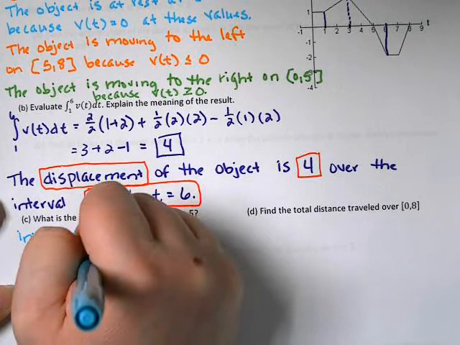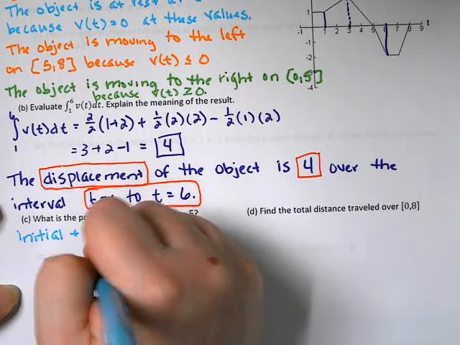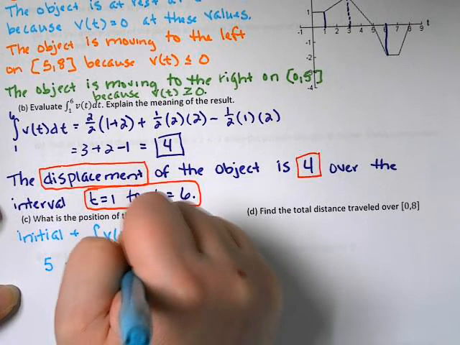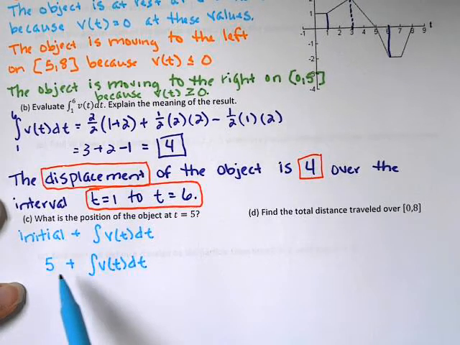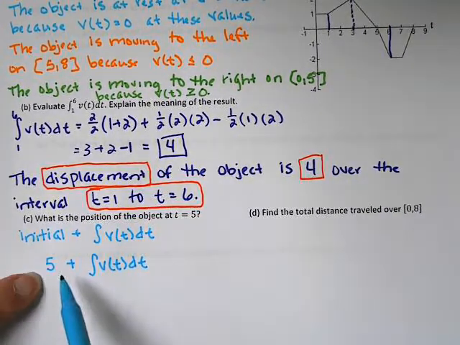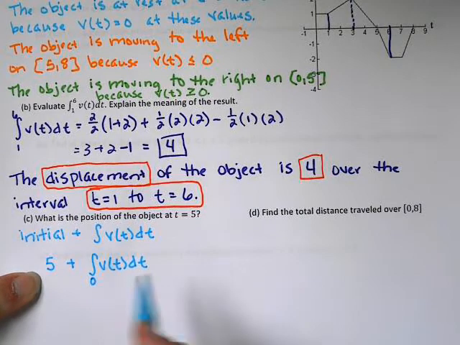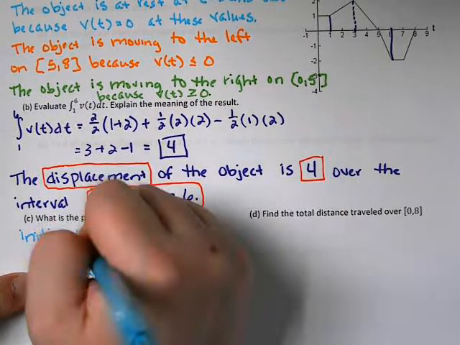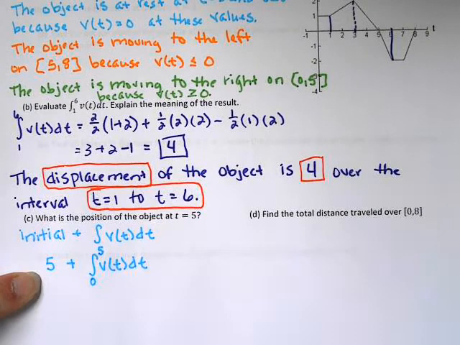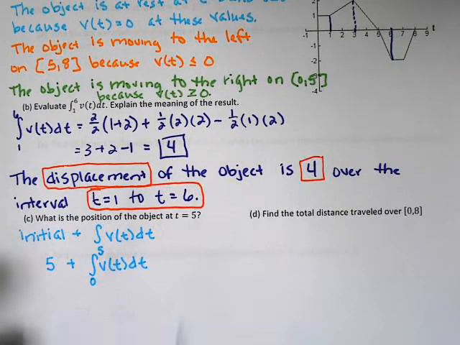And then the integral that I'm going to look for is of velocity. Since at t equals 0 the position is 5, we have to start our integral at 0, and it wants us to stop at 5, so from 0 to 5. We can use pieces of part B to help us do this.